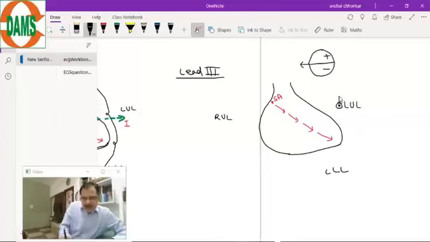and this will go into the negative pole. So the left upper limb becomes the reference electrode for lead 3, and from the left lower leg we take the wire and connect it to the positive pole.